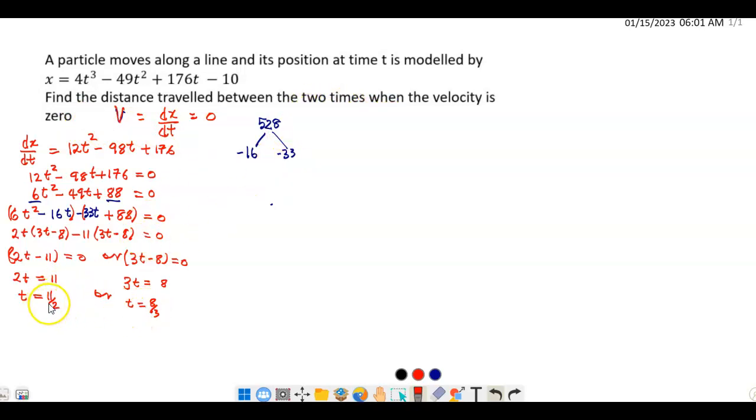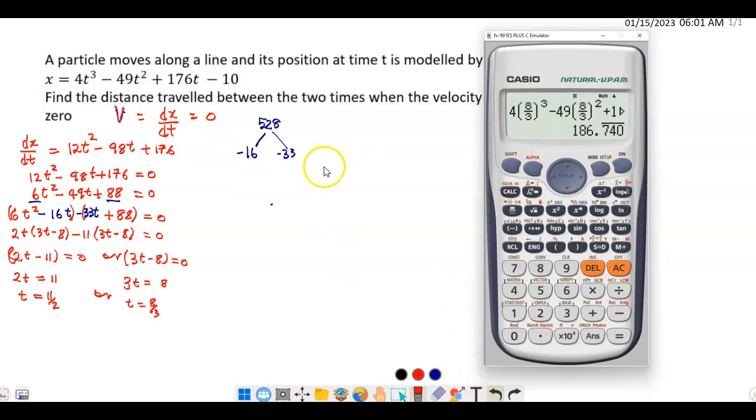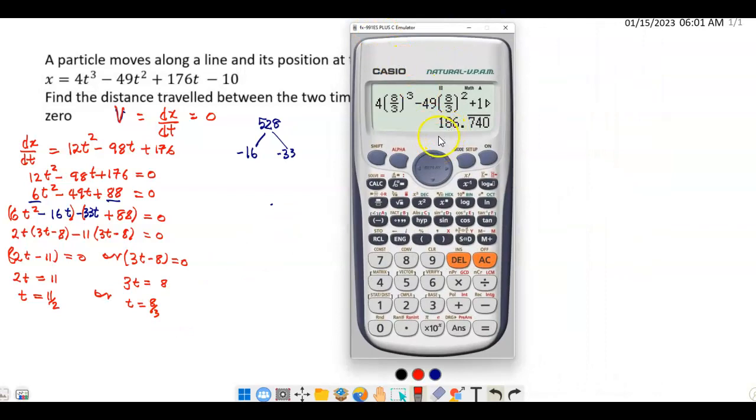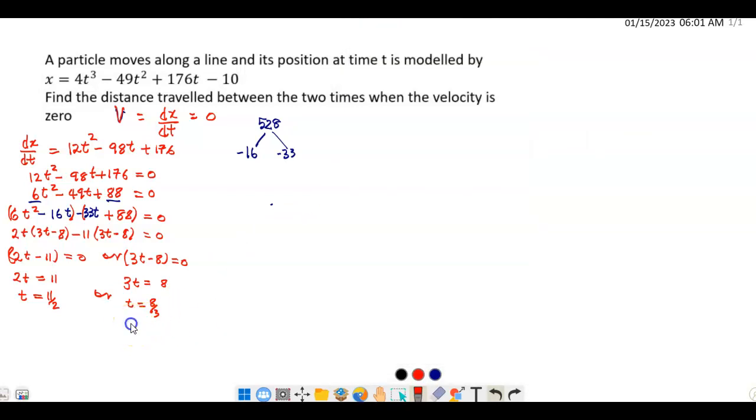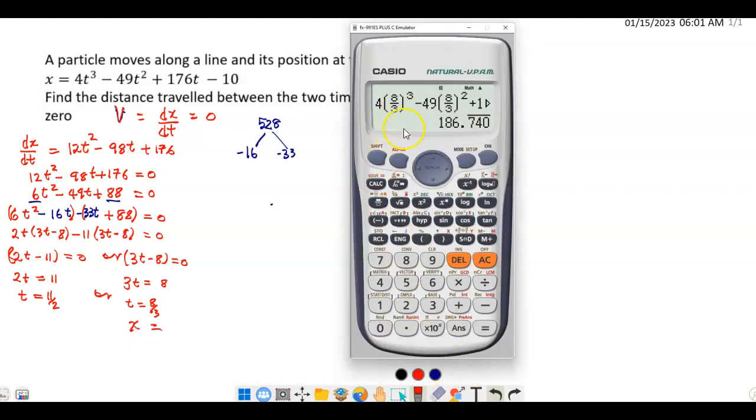So all we need to do is substitute these values into this to get the distance. When t is 8 over 3, wherever we have t, I'm going to substitute 8 over 3.